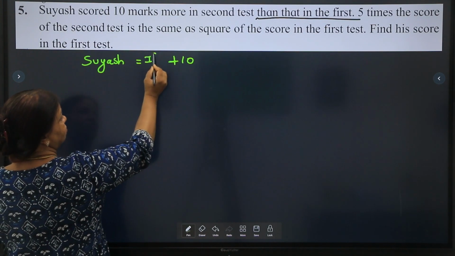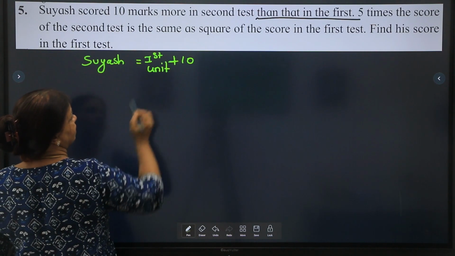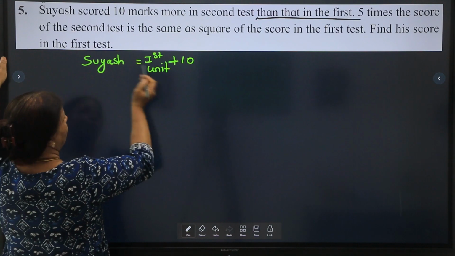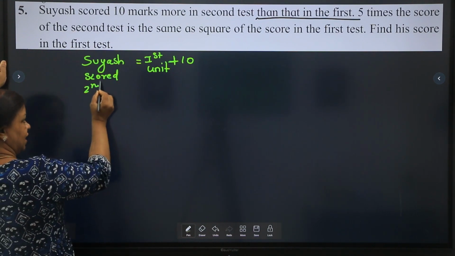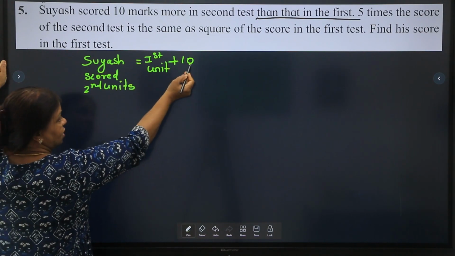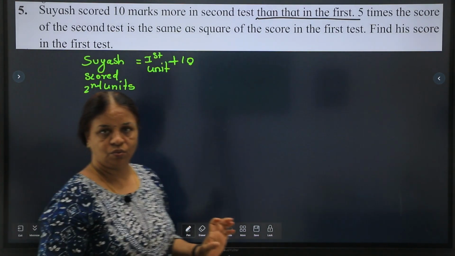So here it is the first unit test. So Suyash scored in the second unit test 10 marks more than in the first unit test. Yes or no?